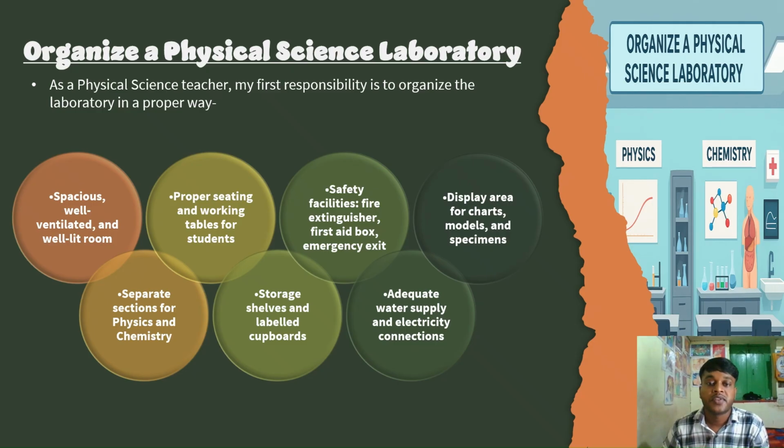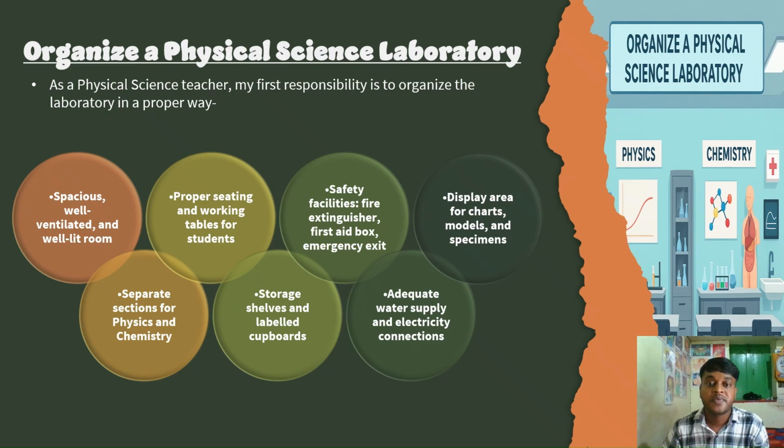Next is safety facilities. As a physical science teacher, it is my responsibility for students to work in a safe environment, so they can perform every experiment they need for their studies with enthusiasm and without worrying about hazards or chaos.